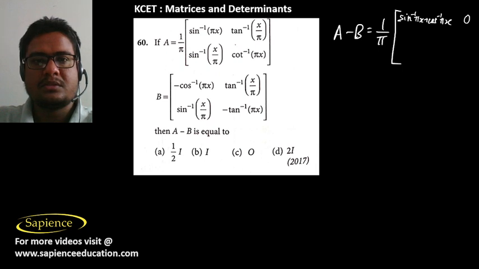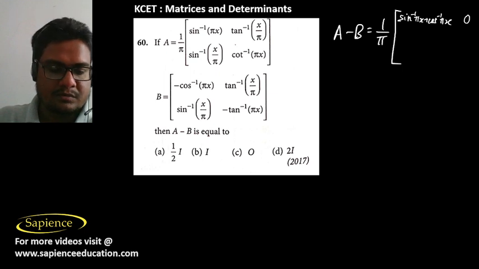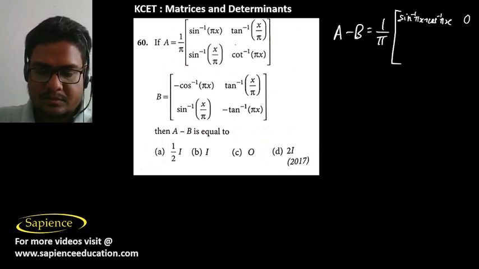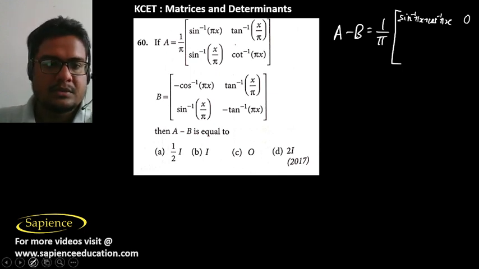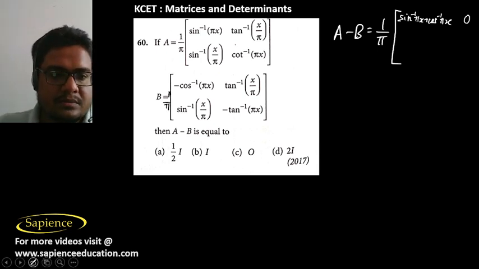But actually B here should have been 1 by pi into this. Here there is something wrong in the question, we should rectify it.